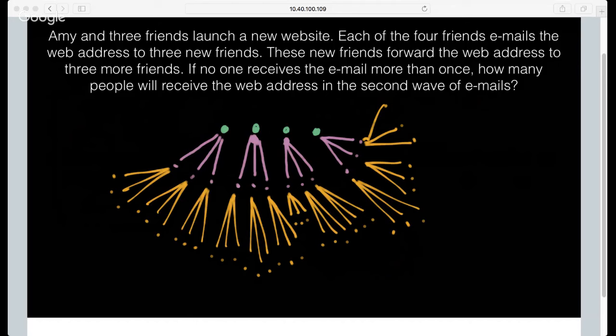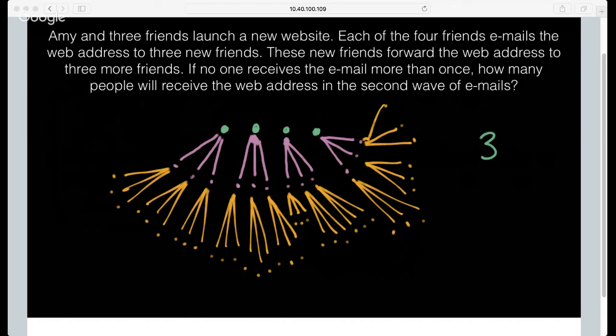Instead, what we could have done is recognize that in the first wave there were 3, looking at how many they sent. 3 to the power of... Let's just focus on Amy.